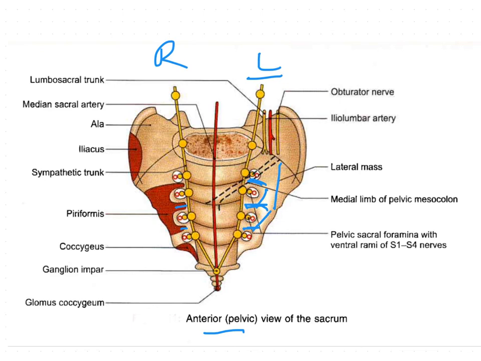The piriformis muscle, here you can see on the right side, arises on each side of the pelvic surface. So both on the right side and left side, this muscle arises opposite the second, third and fourth sacral vertebrae and from the bars separating the sacral foramina.